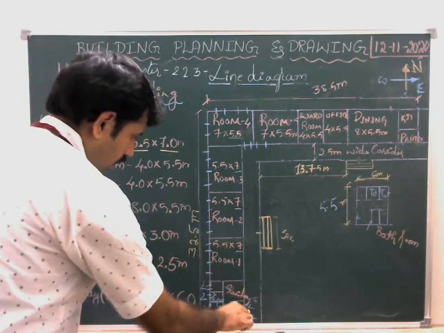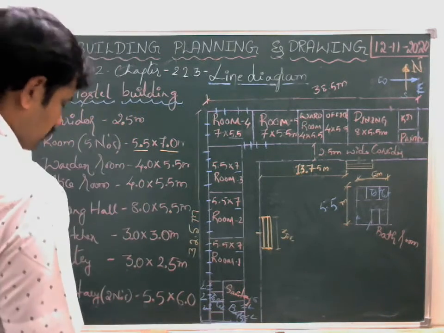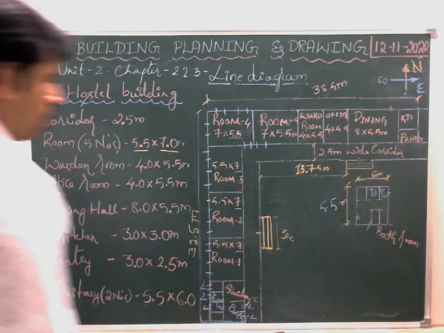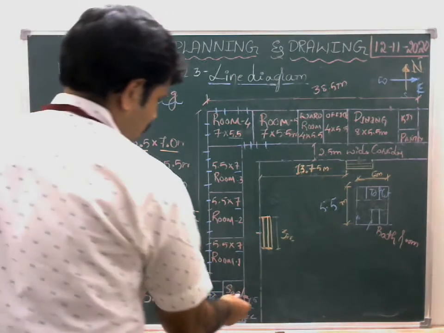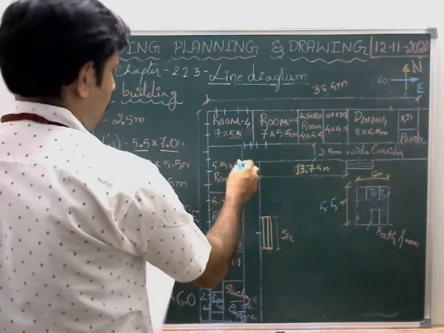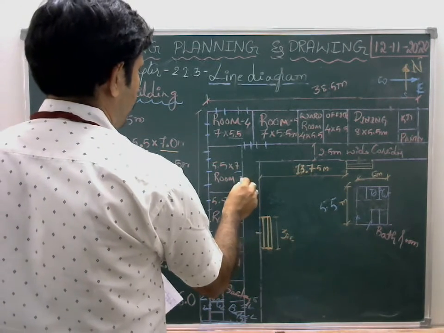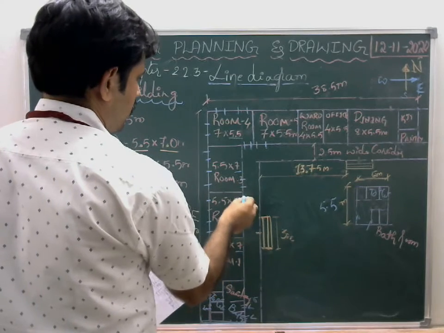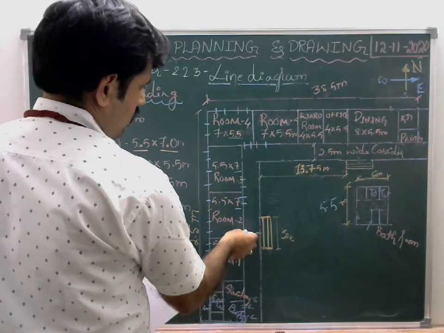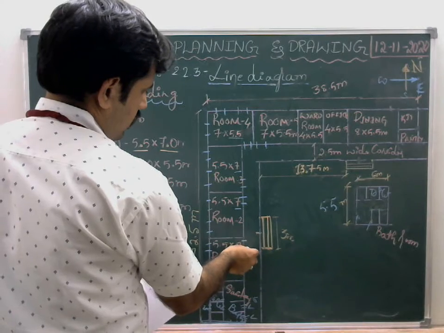So you can provide one ventilator here also. And then I have to provide doors. So I will provide one here. And for this, I will provide it here itself.